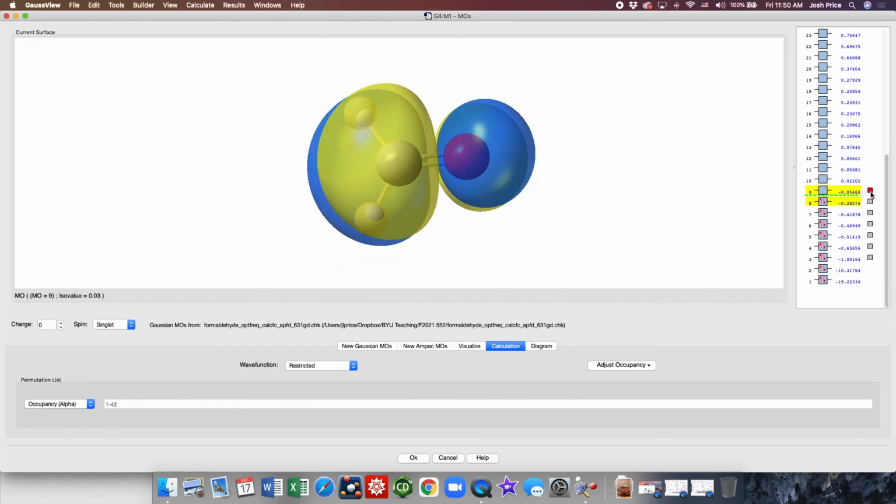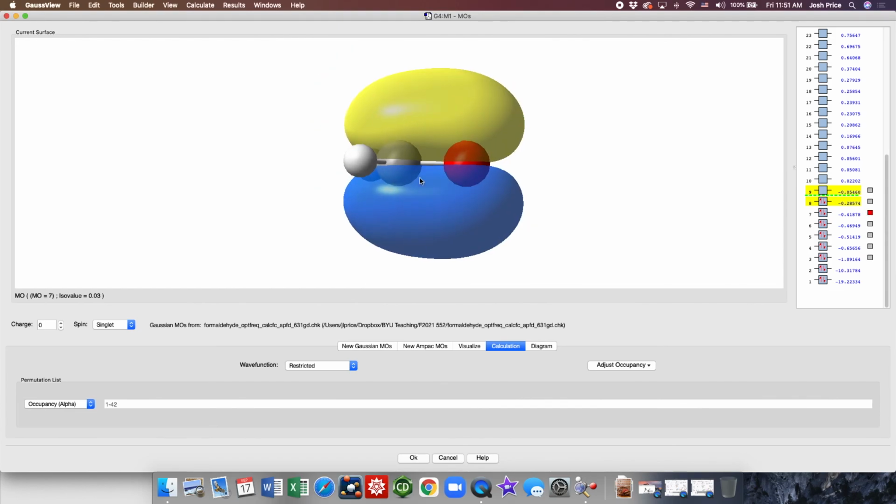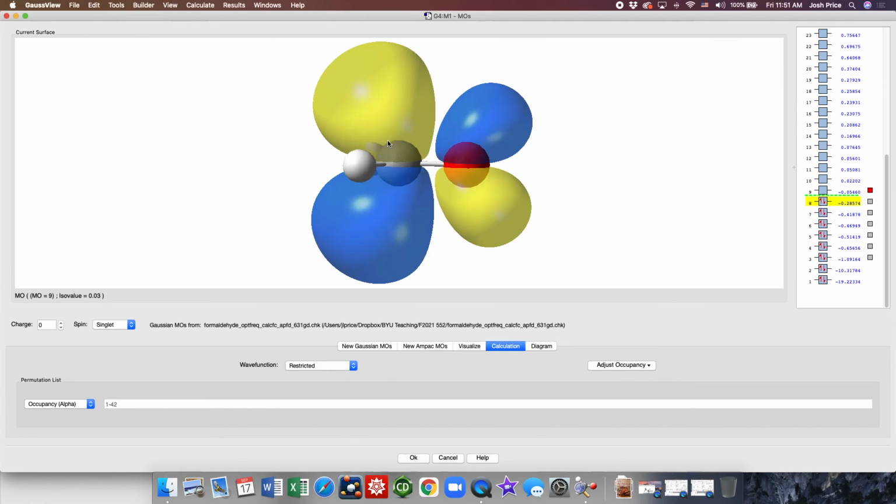And then the LUMO is the pi star, but it's mostly on the carbon. The reason is, when you make the pi bond, it's overlap of a p orbital on carbon with a p orbital on oxygen. Oxygen's lower in energy than carbon, so the bonding orbital should be mostly on oxygen. The antibonding orbital should be mostly on carbon, and so it is.